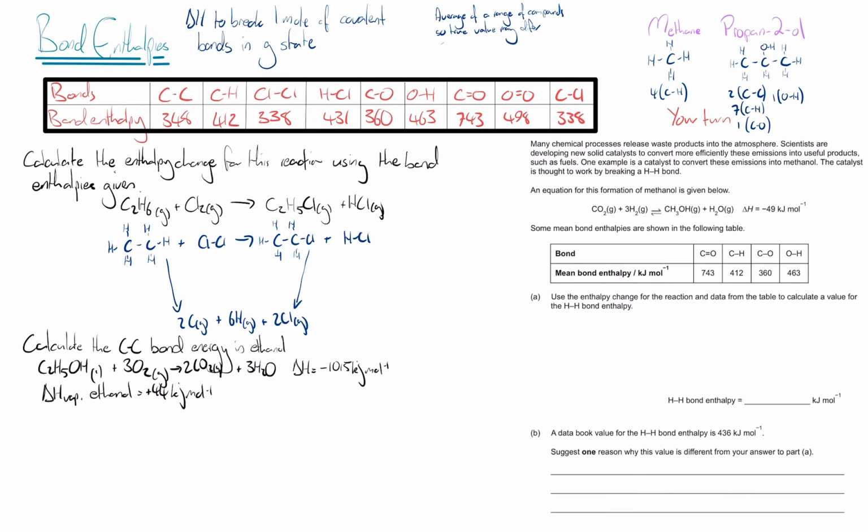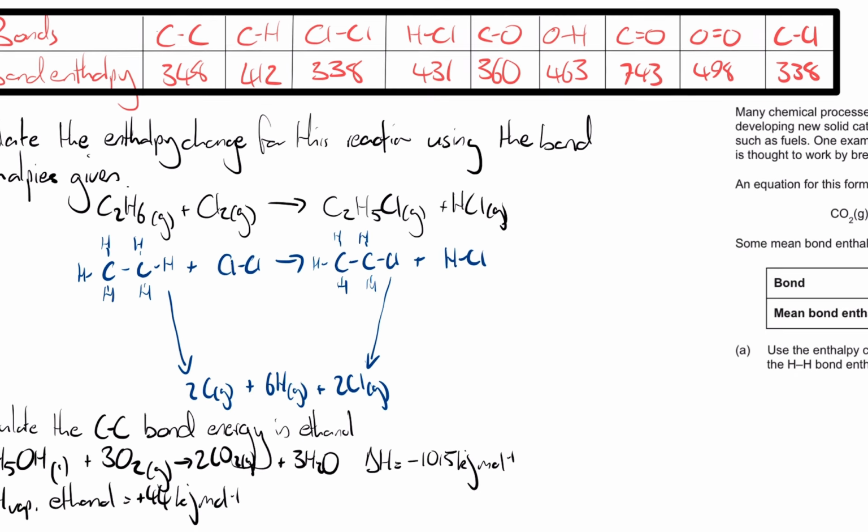And now we can start working out what our values are. So we have 1 lot of C-C, and we've got 1, 2, 3, 4, 5, 6 lots of C-H, and 1 lot of Cl-Cl. So we've got 1 lot of 348.